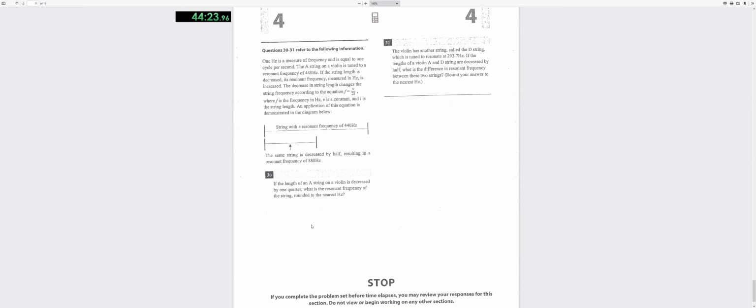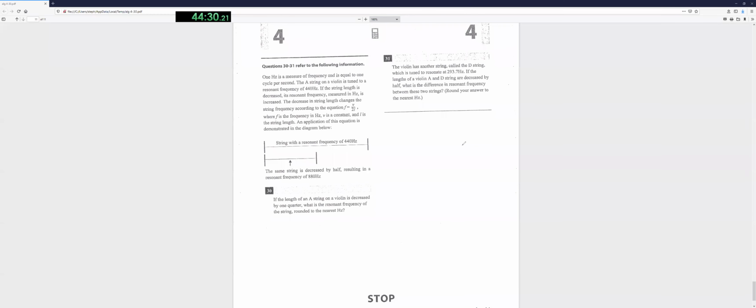All right, now, I realize that we're going to pass 45 minutes, but I do want to come back and take a little longer with 31 here. So let's pretend I didn't just know that I could double. So we know that 293.7 is equal to V over 2L. So L is equal to V over 2 times 293.7, whatever that is. So 2 times 293.7 is 587.4.